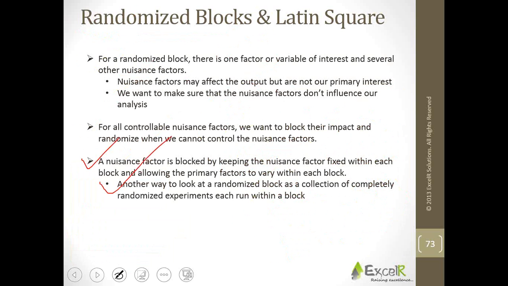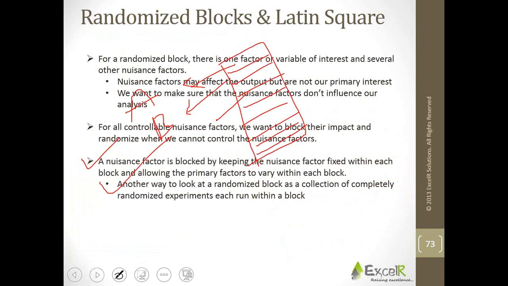Randomized block means if I have a set of experiments that I wish to run collectively, then I'm going to randomize even within this. It won't be in a sequence. It won't be like this: first run A, then B, then C, then run the experiment for AB, then BC, then CA.